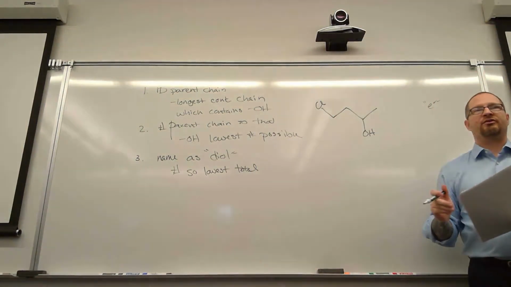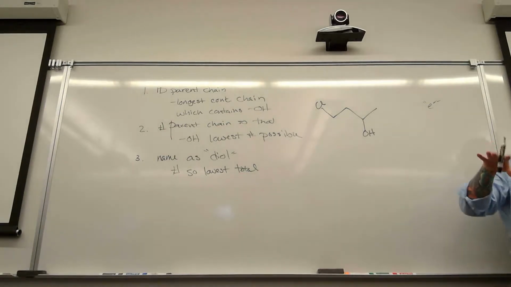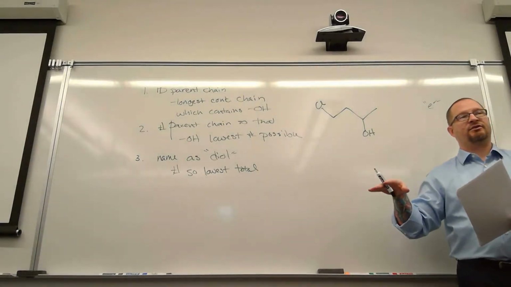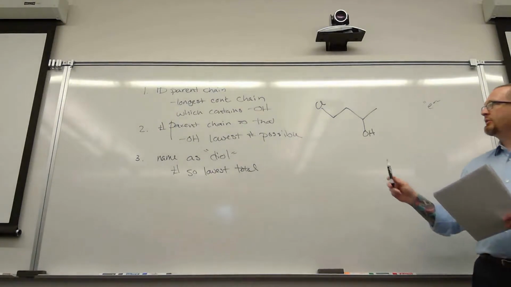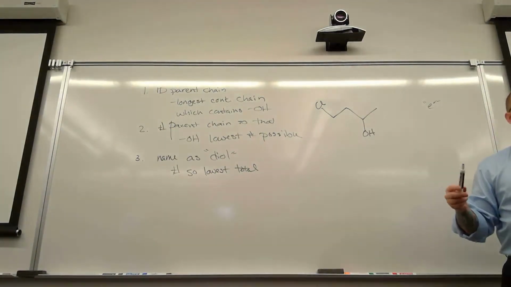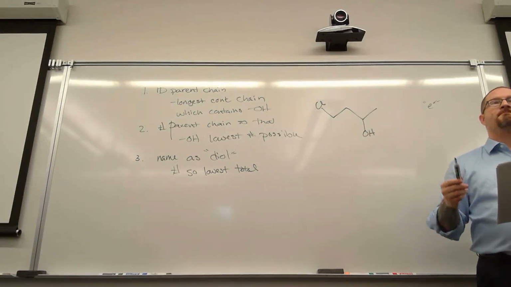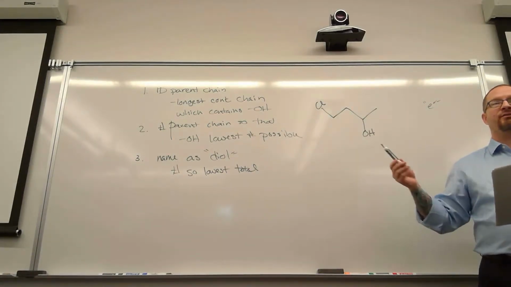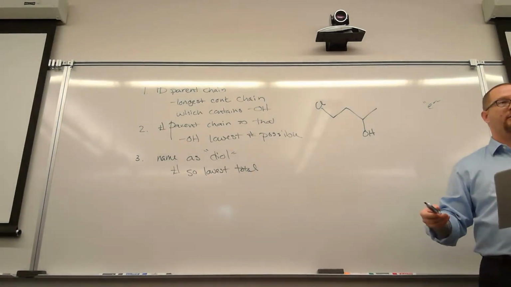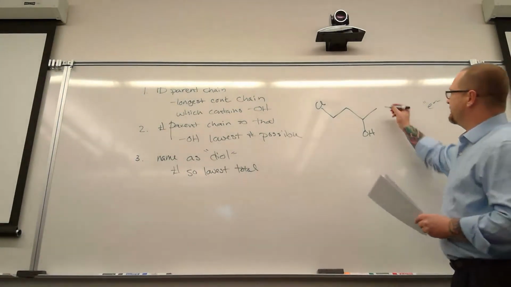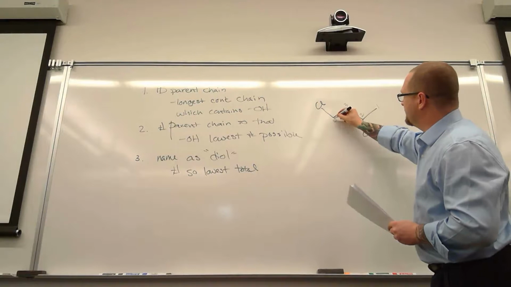People are tempted because they're not necessarily separating what a functional group is versus a substituent. So they'll see this chain and they'll go, okay, we're going to number from the nearest substituent: 1, 2, 3, 4. That would be a mistake because the functional group has nomenclature priority. So because of that, this is 1, 2, 3, 4.